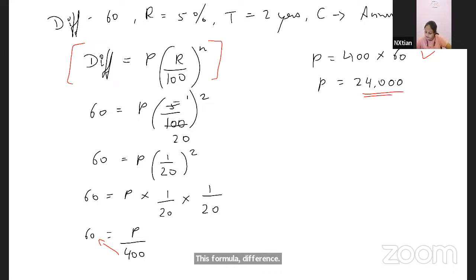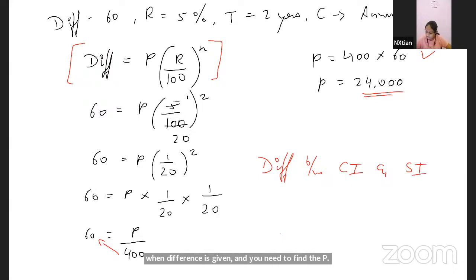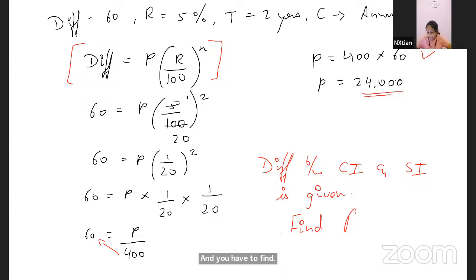You should only use the formula when the difference between CI and SI is given to you, and you have to find the principal. Okay, you have to find the principal. That time we use this formula.